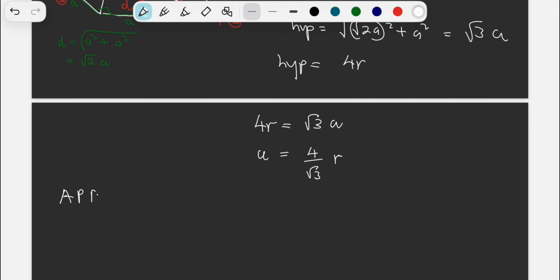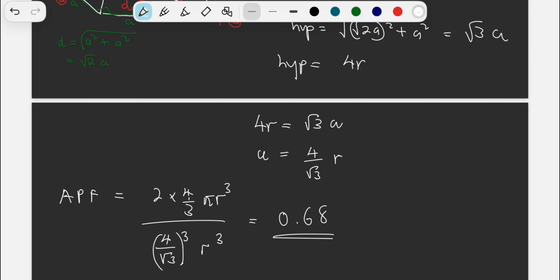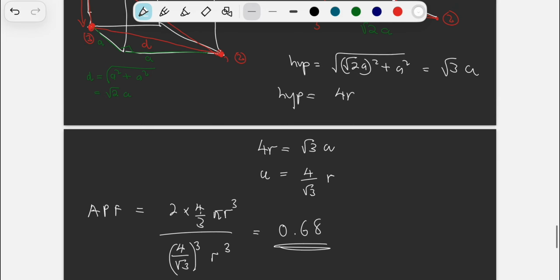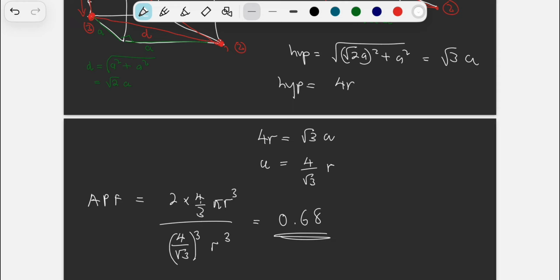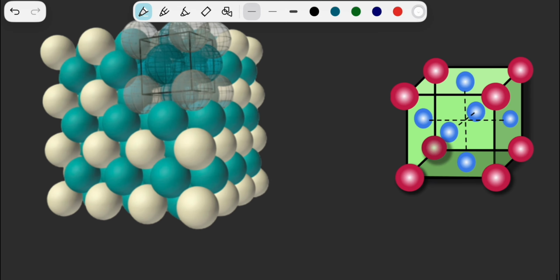Okay, so that means my atomic packing factor will basically be equal to 2 times 4 over 3 pi r cubed divided by a cubed again. So a is 4 over root 3, cubed, r cubed, which gives 0.68. Right, sorry, 68% of the entire unit cell is basically occupied by atoms, right? So 68% is occupied.